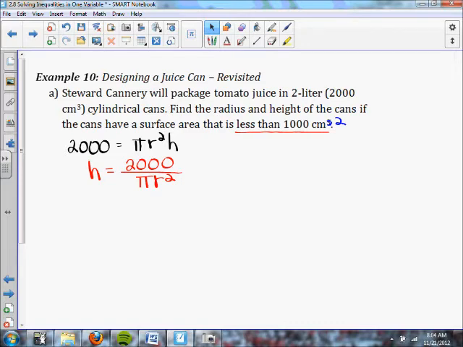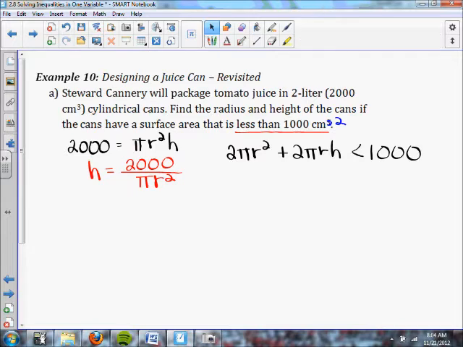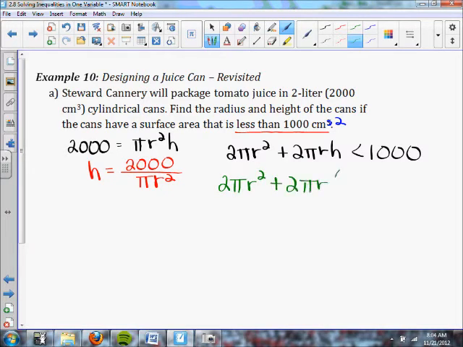Our surface area will be 2 pi r squared plus 2 pi r h. That has to be less than 1,000. So plugging this in for h here, we'll have 2 pi r squared plus 2 pi r times 2,000 divided by pi r squared.